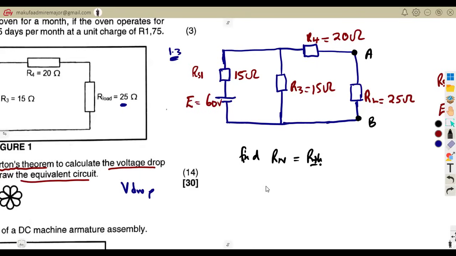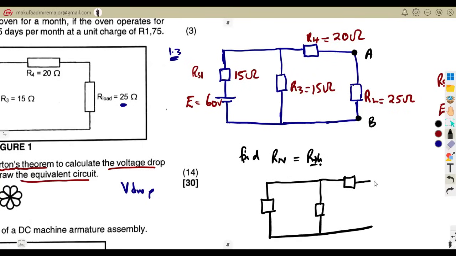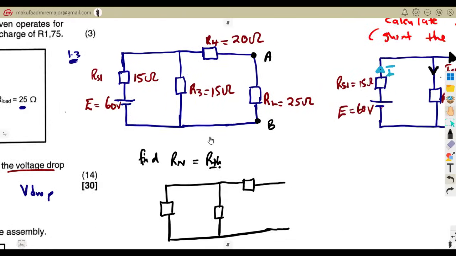So this diagram is going to be like this. You remove all sources of EMF, so we remain with resistors, and there we have our R3 going to R4. Remember, we now open that part, A to B. It's no longer a short circuit like what we had here.